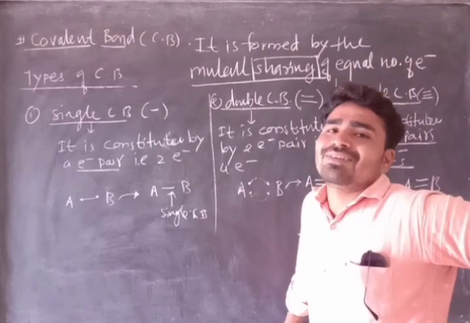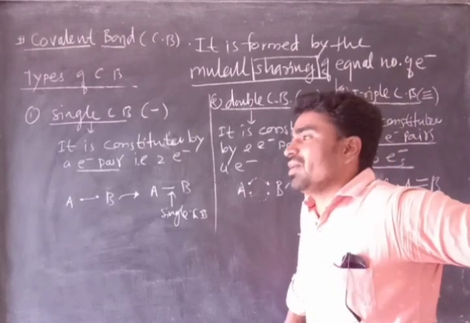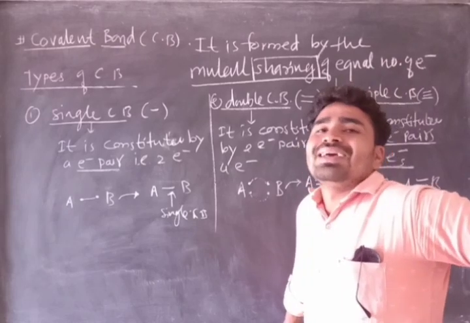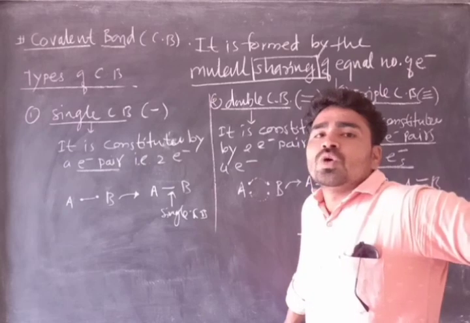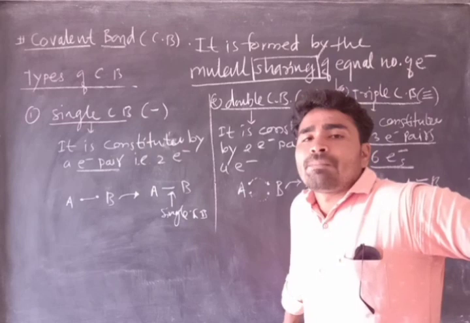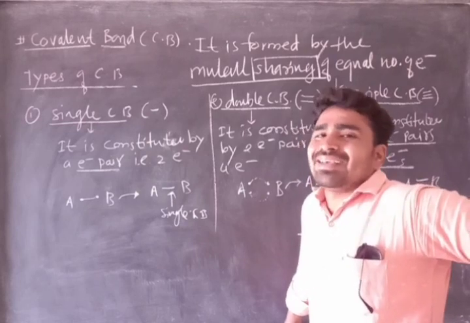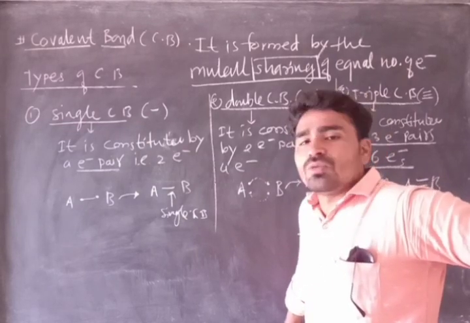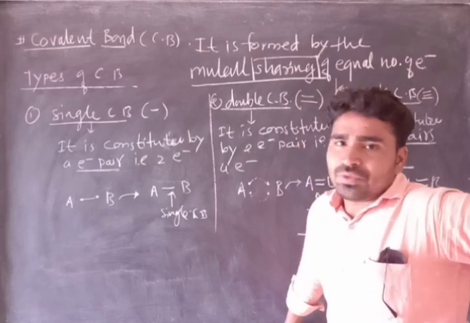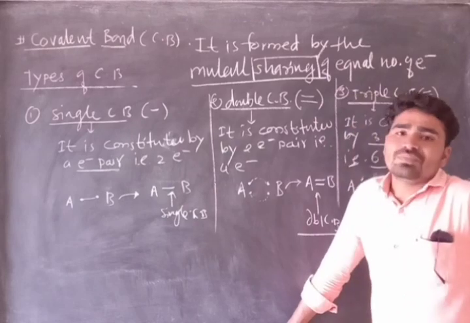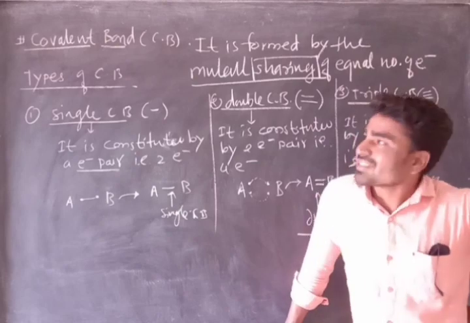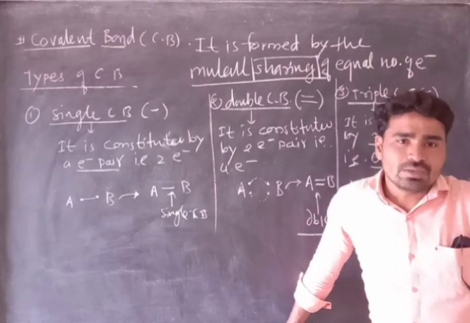The transfer of electrons in the formation of an ionic bond and the sharing of electrons in the formation of a covalent bond is in order to complete either the octet or duplet of the atoms in most cases, and they get quite stable. Okay, bachcho? So we'll see the very important characteristics of these single, double and triple covalent bonds.